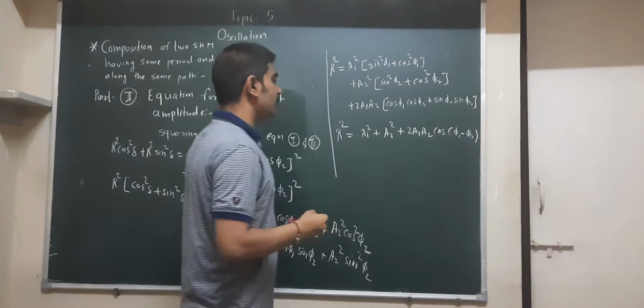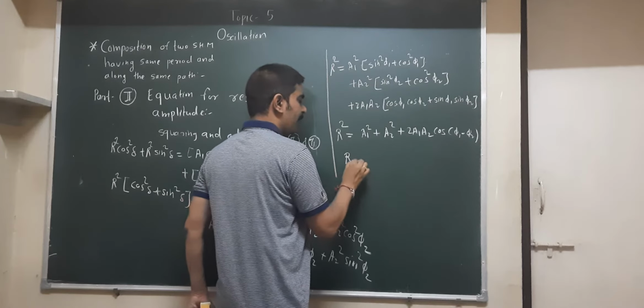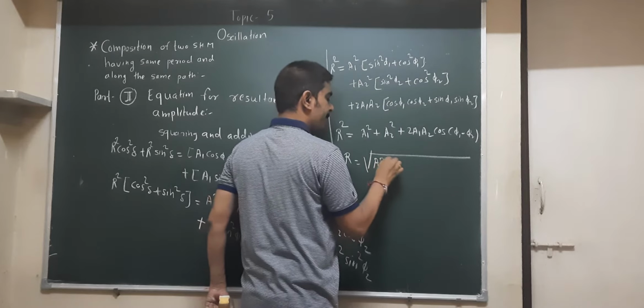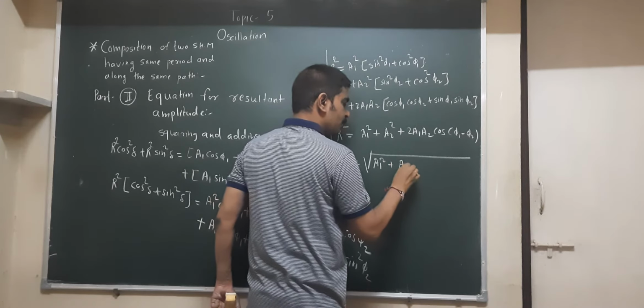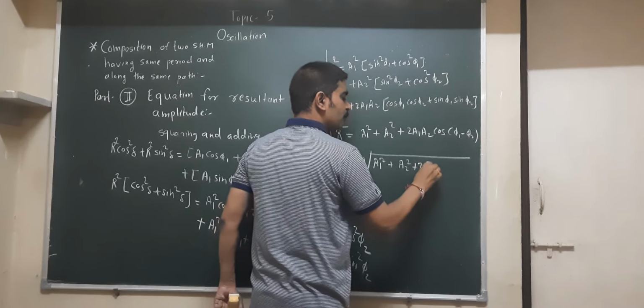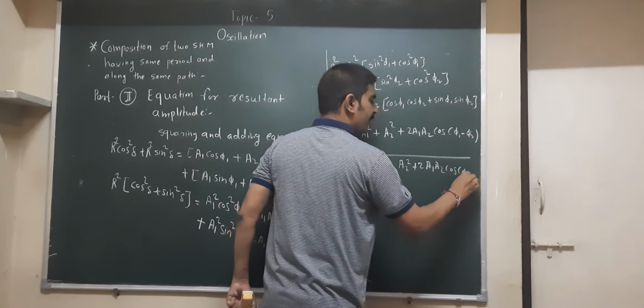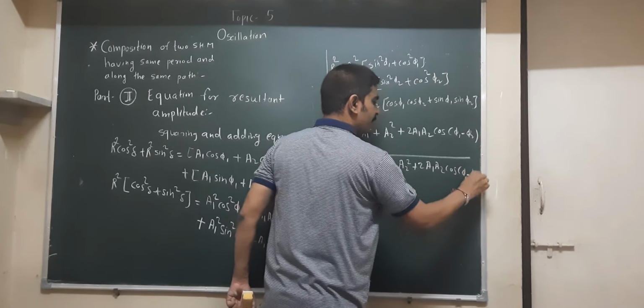So if we take the square root, we get the formula R is equal to under root a1 square plus a2 square plus twice a1 a2 cos(phi 1 minus phi 2).